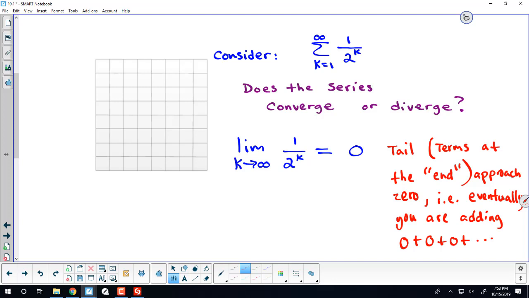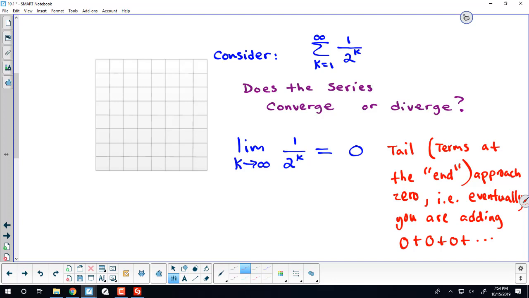So how do you know where the cutoff is to stop adding? The fact of the matter is we're adding infinitely many of them. So we kind of need to talk about that. It doesn't really show up till later, but the idea is that in order for a series to converge, it is necessary that the terms eventually approach 0, but it's not sufficient to guarantee convergence.